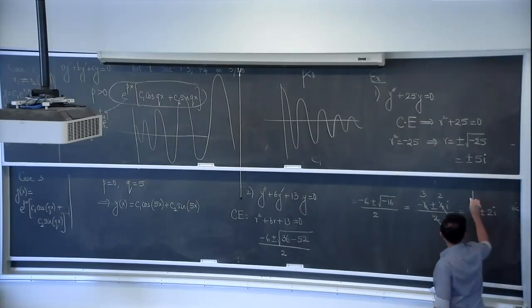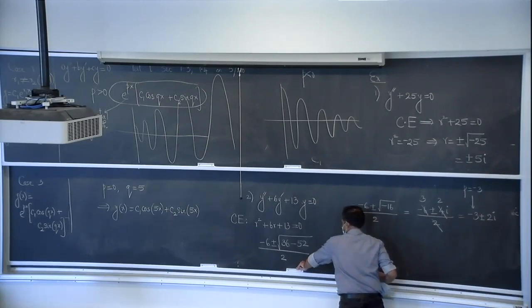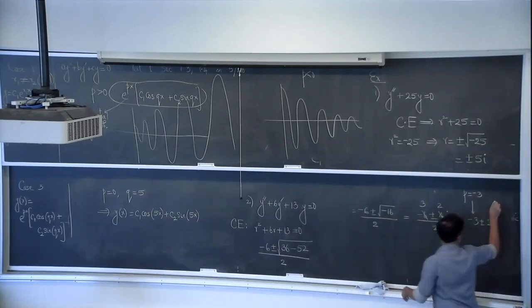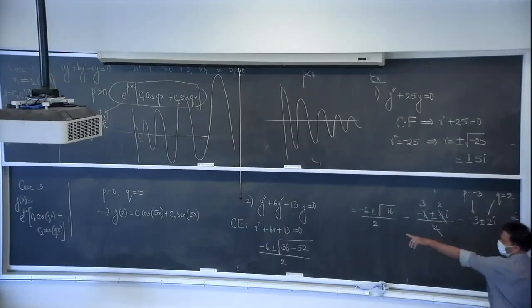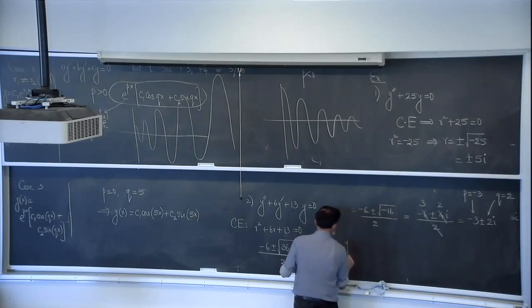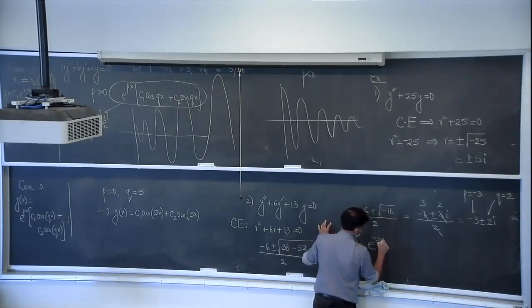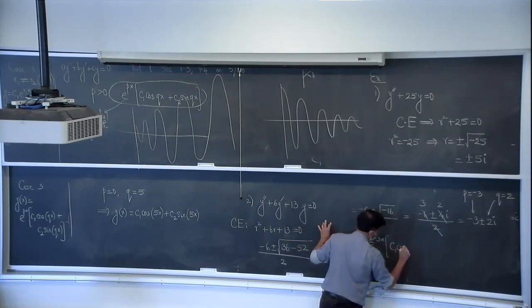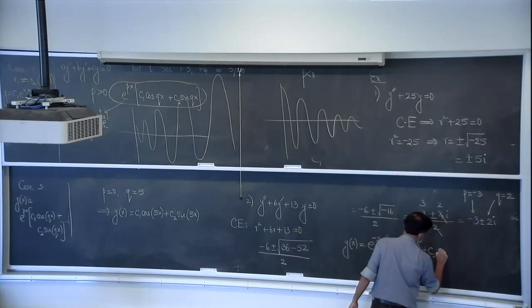So we have P equal to -3 and Q equal to 2. And case 3, which I just wrote there, would be y of x equal to e to the power of -3x times c1 cosine of 2x plus c2 sine of 2x.